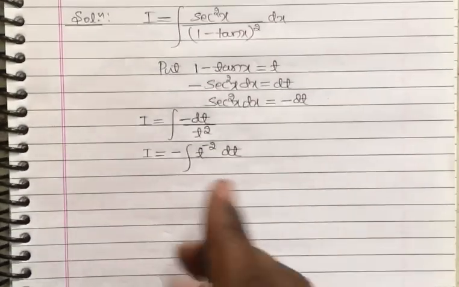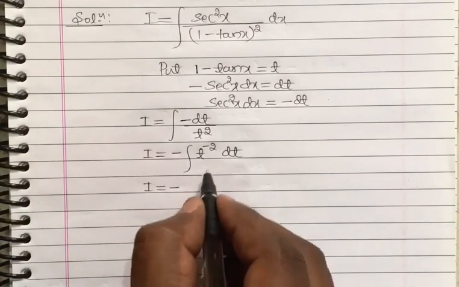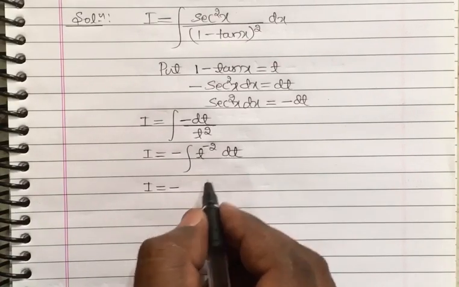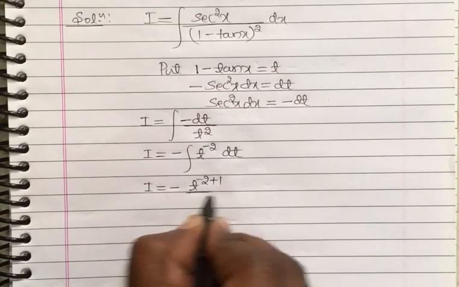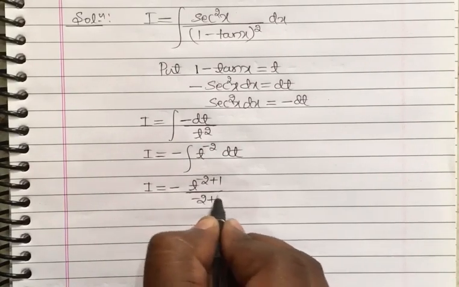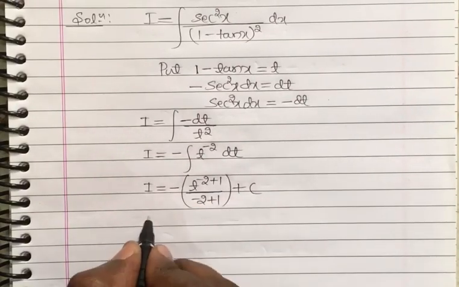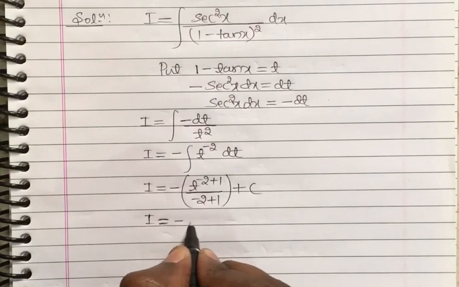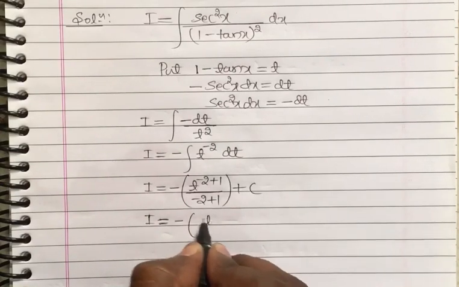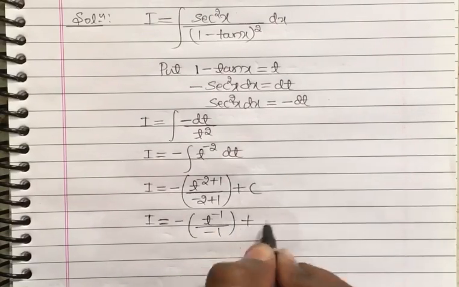So now I is equal to minus, I write it as it is, then integration of t raised to minus 2 dt will be t raised to minus 2 plus 1 divided by minus 2 plus 1, plus c. So now I is equal to minus, so what do we get now, t raised to minus 1 divided by minus 1, plus c.